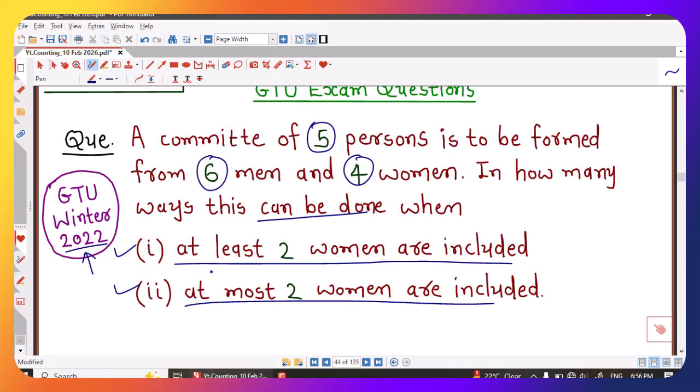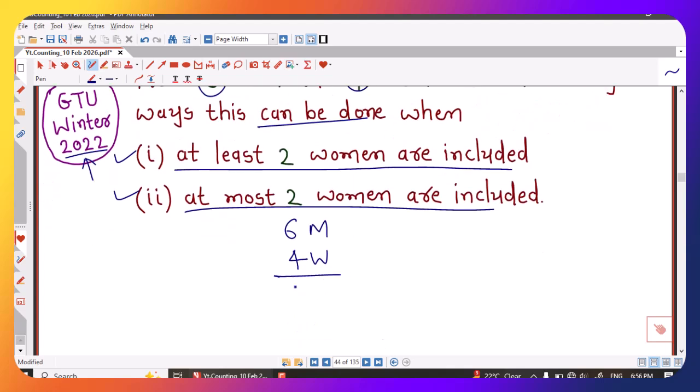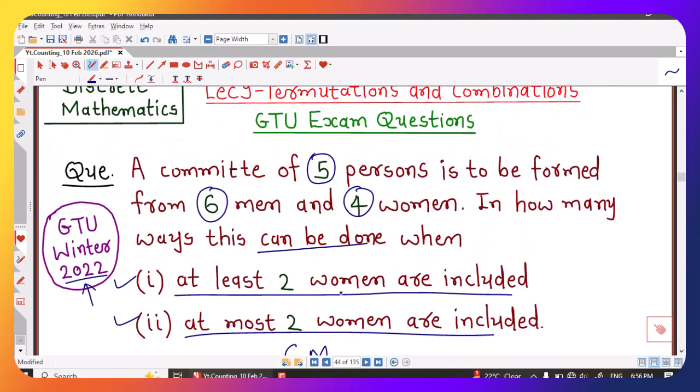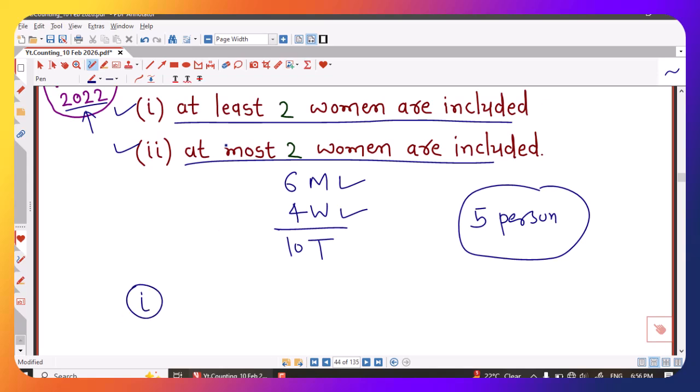Before that, we can see that we are given 6 men and 4 women, that is, we have a total of 10 persons, and we want to form a committee of 5 persons out of these 10 persons, in which there are 6 male and 4 female, that is women. In the first part, we have to find the number of ways that in that committee of 5 persons at least 2 women are there.